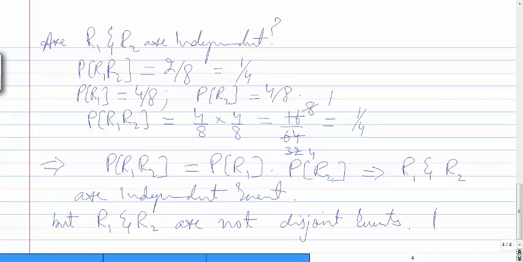Why? Because the probability of R1 R2 is not equal to 0. So look here, they are independent but they are not disjoint events. Now let's move forward.